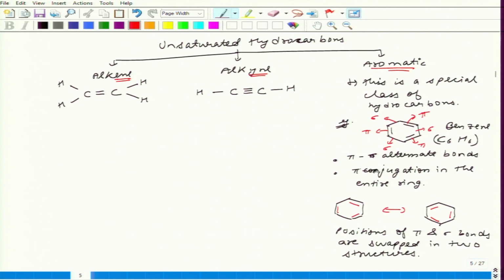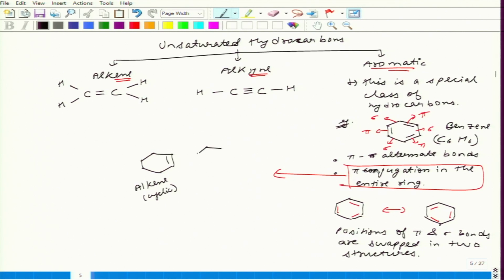Also focus on this one: there is a pi conjugation in the entire ring. For example, let us take this molecule. There is no pi to pi conjugation; it is a normal cyclic alkene. And in this one there is a pi to pi conjugation, but only in this area, alternate pi sigma bonds are present, but not in the entire ring.